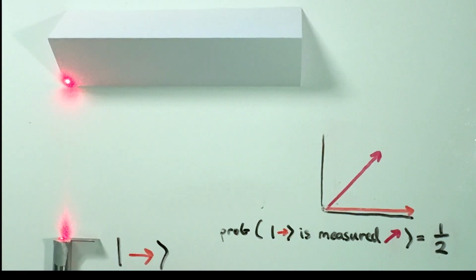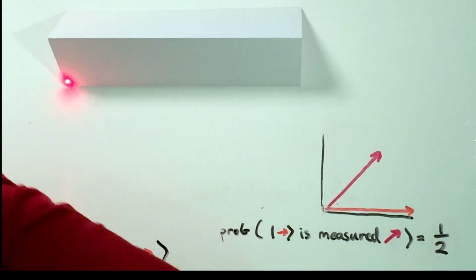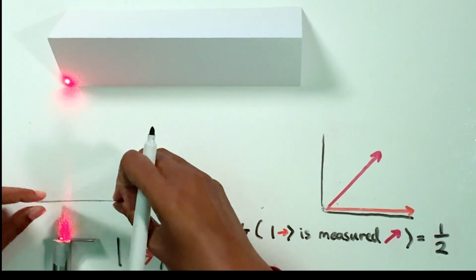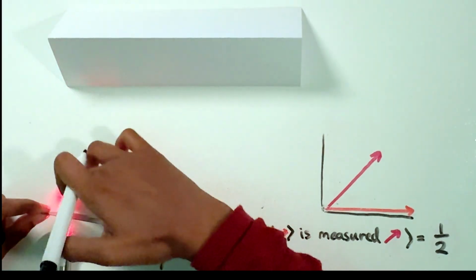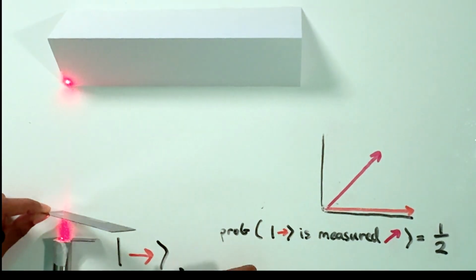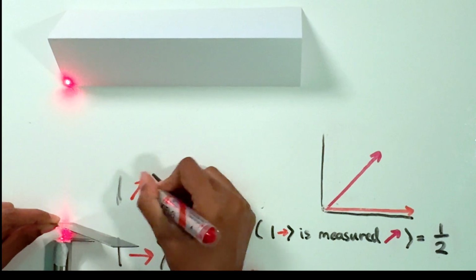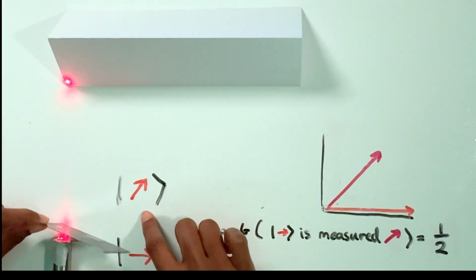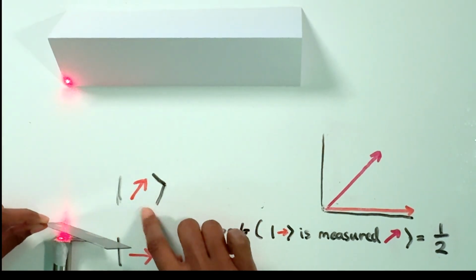In other words, originally this light may have started off in the horizontal direction, but after I filtered it, the rest of this light is in a different state, and that state is this. This is light that's been polarized at 45 degrees.